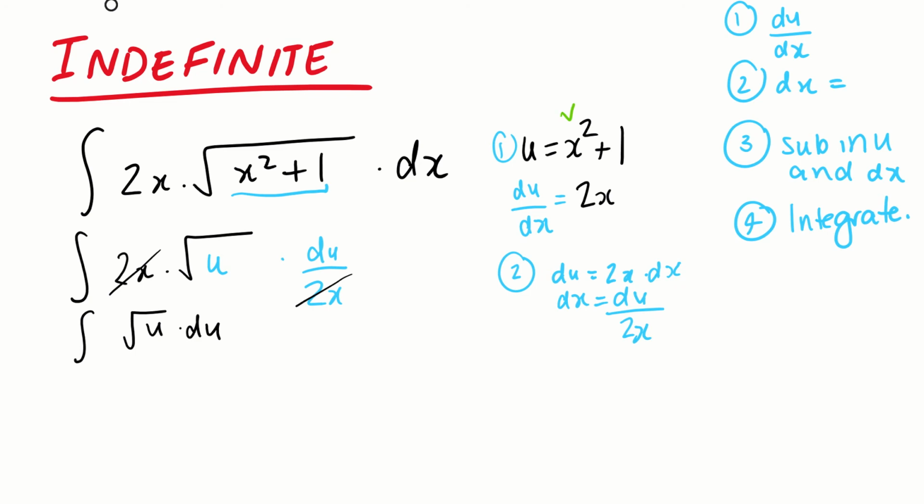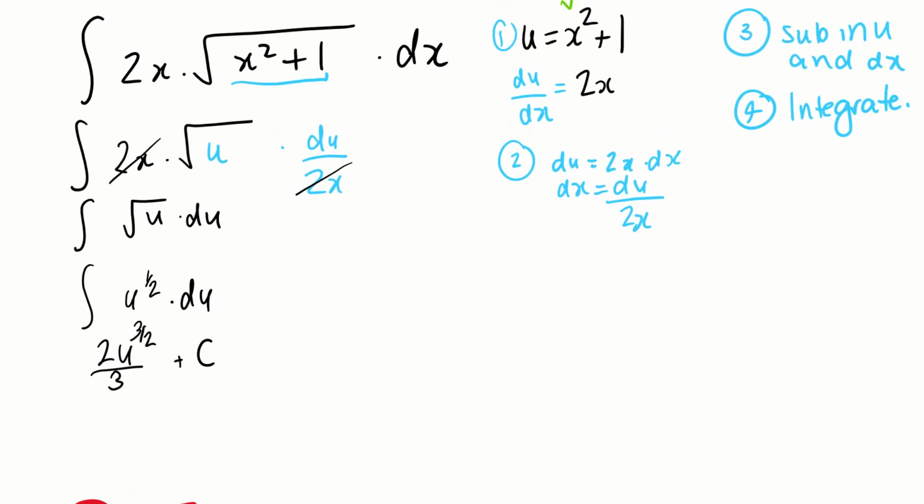Now it's just a basic integration. You should know that's just u to the power of a half du. So I'm going to add 1 to the power, divide by it, you'll get 2 on 3, u to the power of 3 on 2, plus c. The last step then is to make your substitution, to put it back in terms of x.